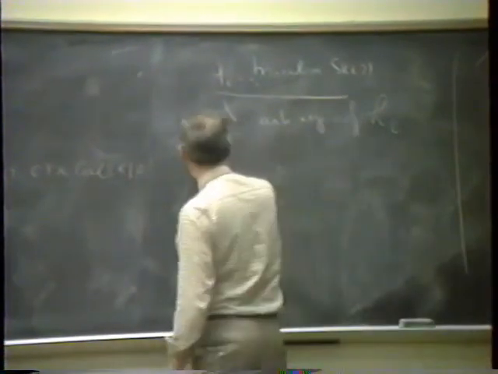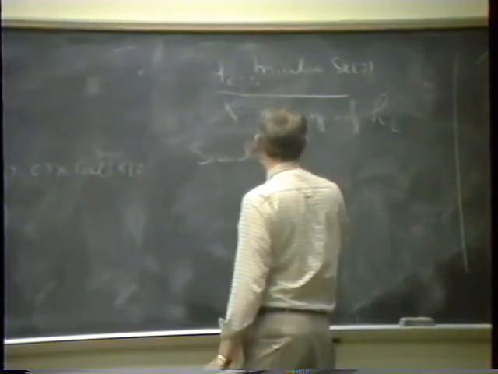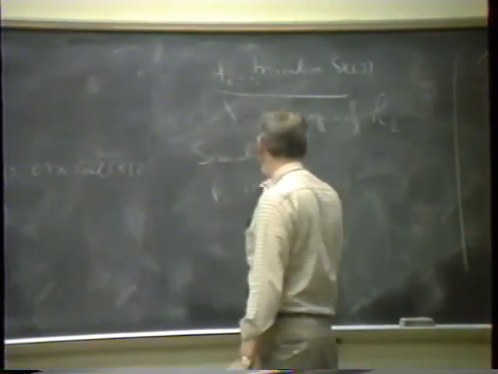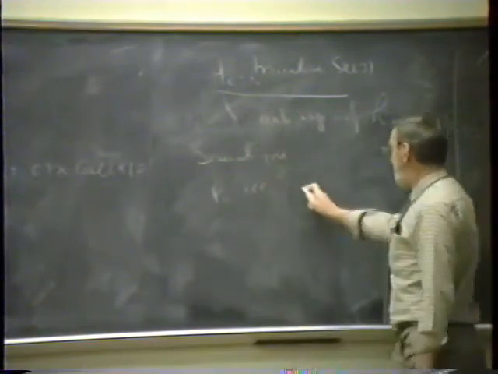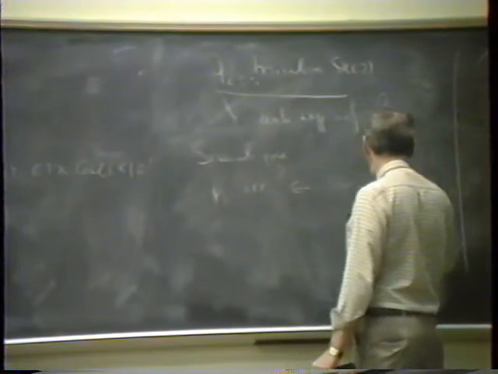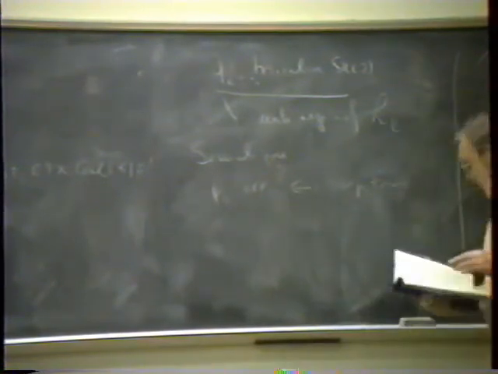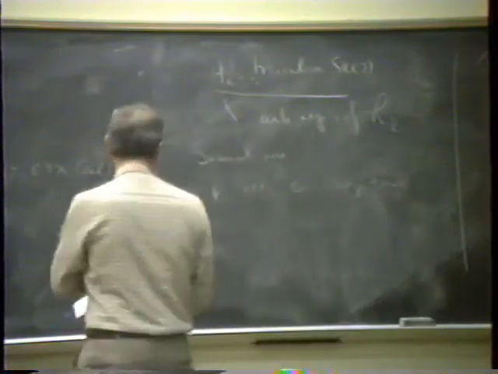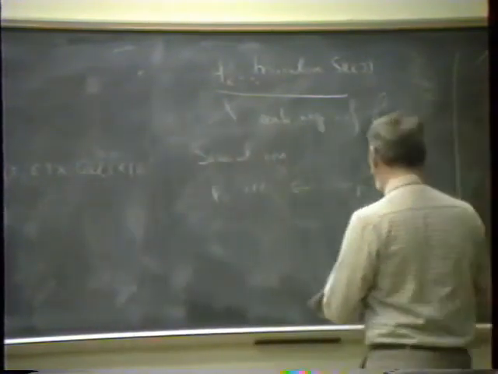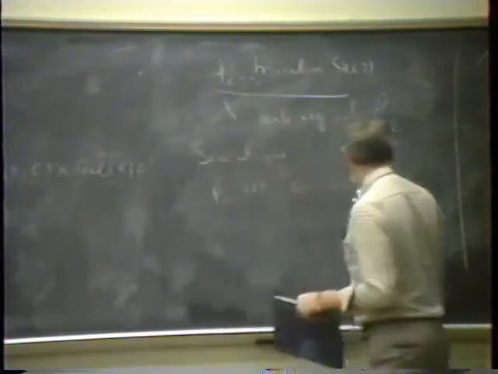So there are several possibilities. C to be irreducible, and these are just the cusp forms. Now, what I have then, that's the definition of LE.